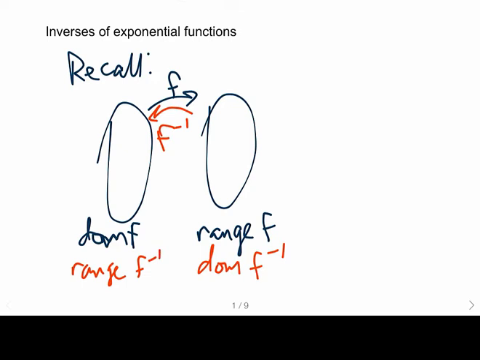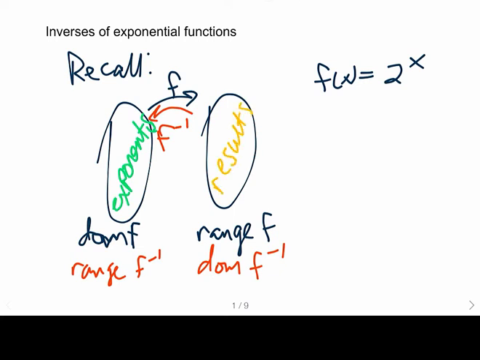When we consider a function that's exponential, say f of x is equal to, for instance, 2 to the x, remember that the domain of f is a bunch of exponents, and the range of f I'm going to call results.